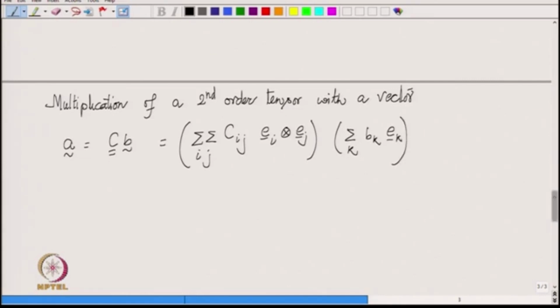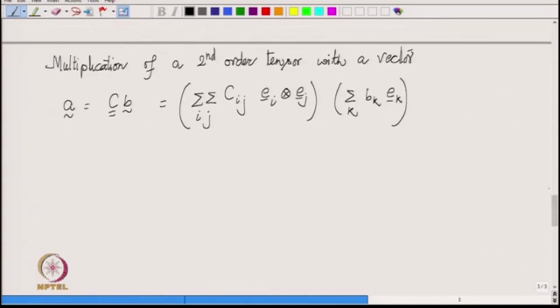And now we have to define this multiplication. So, we will say that when the second order tensor and the first order tensor multiply, then we take the second vector from the tensor, so e_j and e_k, and take their dot product. So, that is how we define the multiplication.